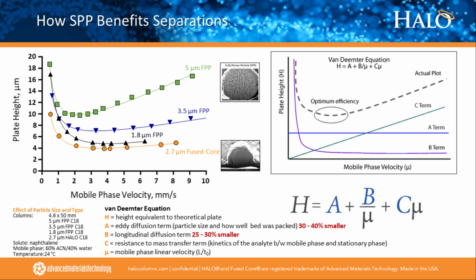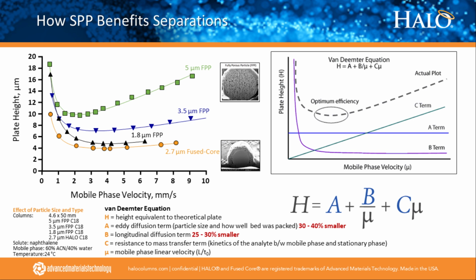Moving back over to the left-hand side of the slide, you can see we have a plot of plate height in microns versus mobile phase velocity in millimeters per second. We keep the x-axis in millimeters per second in order to visualize it a little easier than linear velocity.